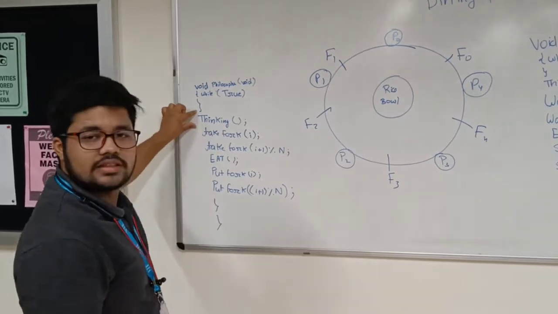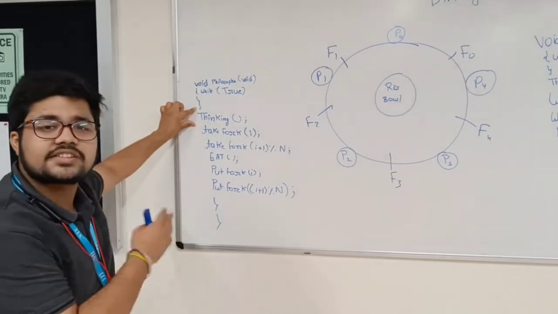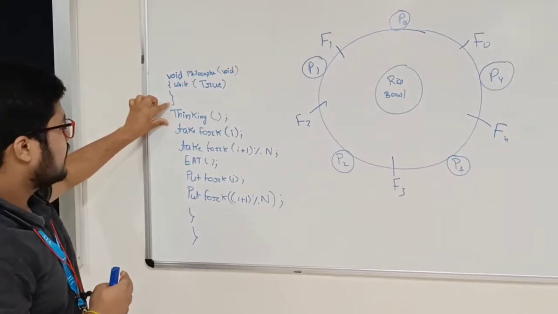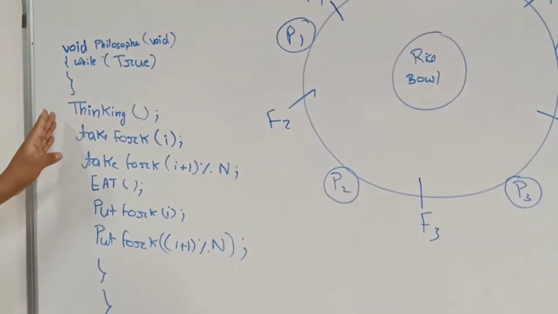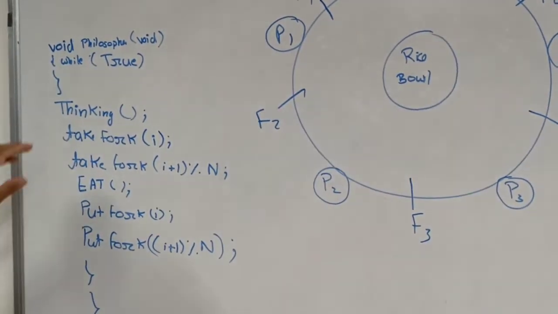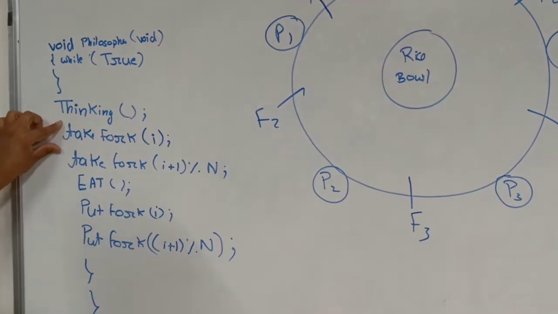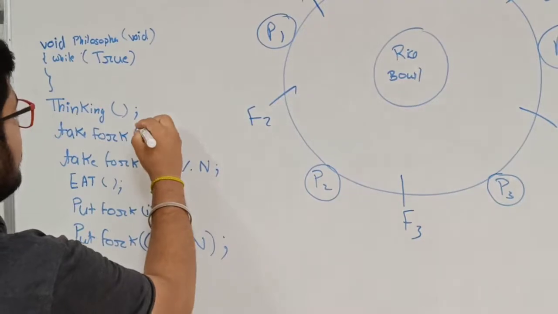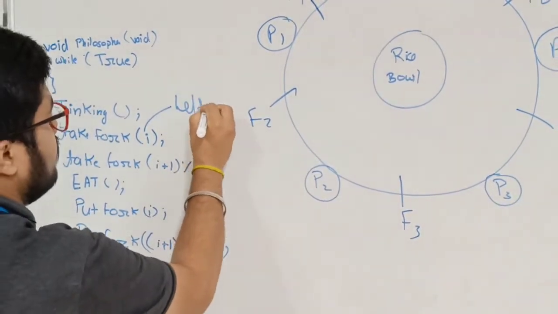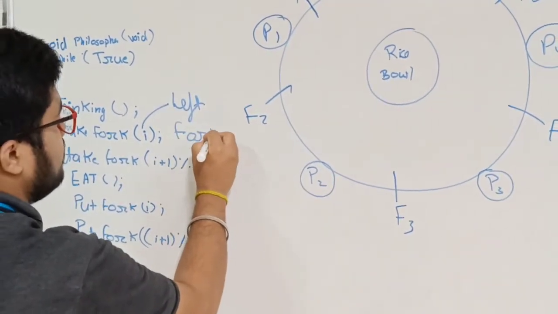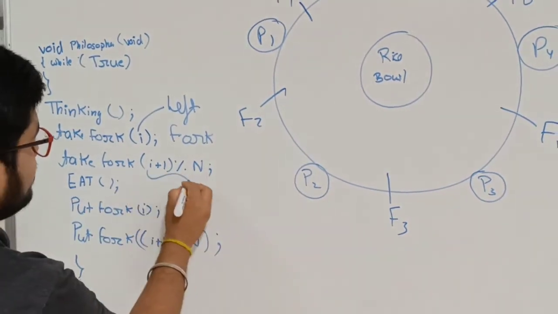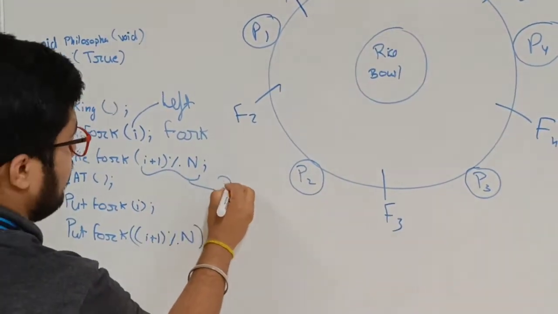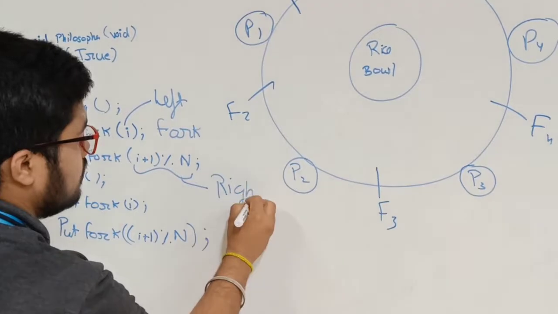When the philosopher finishes his thinking, he first shifts to take the left fork. Here i represents the left fork, and (i+1) mod n represents the right fork.